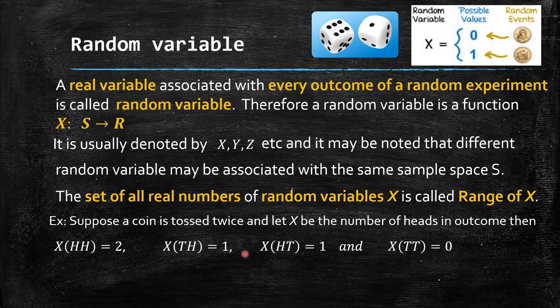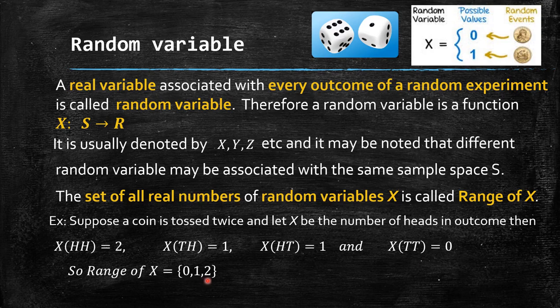X of (t, h) is 1. X of (h, t) is 1 head, so 1. And for (t, t), the number of heads in that outcome is 0. So the range of X is 0, 1, 2.